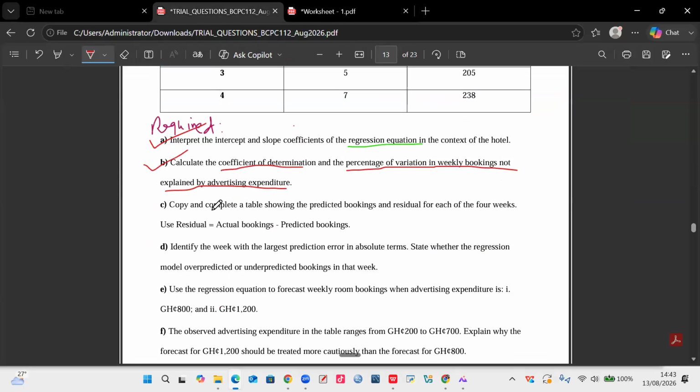We are done with this question. Copy and complete a table showing the predicted bookings and residual for each of the 4 weeks.